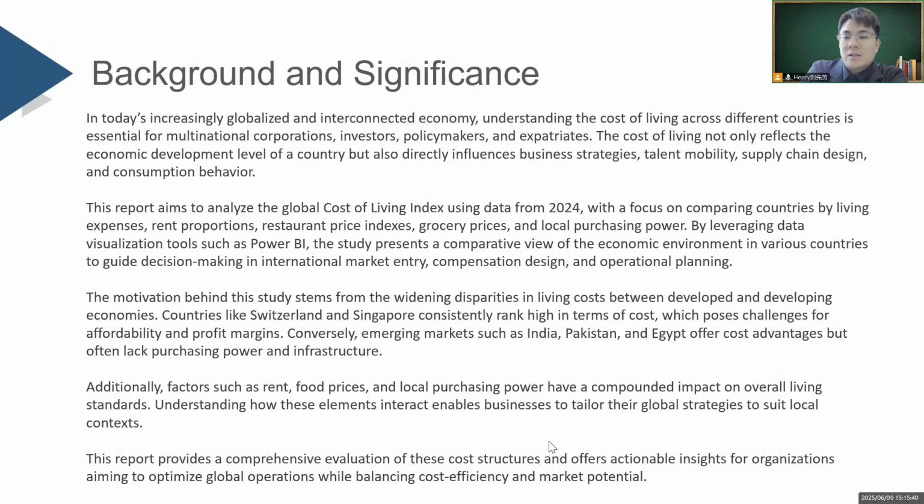It affects how much people spend, how companies pay workers, and how businesses grow globally. We use 2024 data to compare living costs in different countries. Our study helps companies understand the differences and make better decisions about expanding or hiring in different regions.